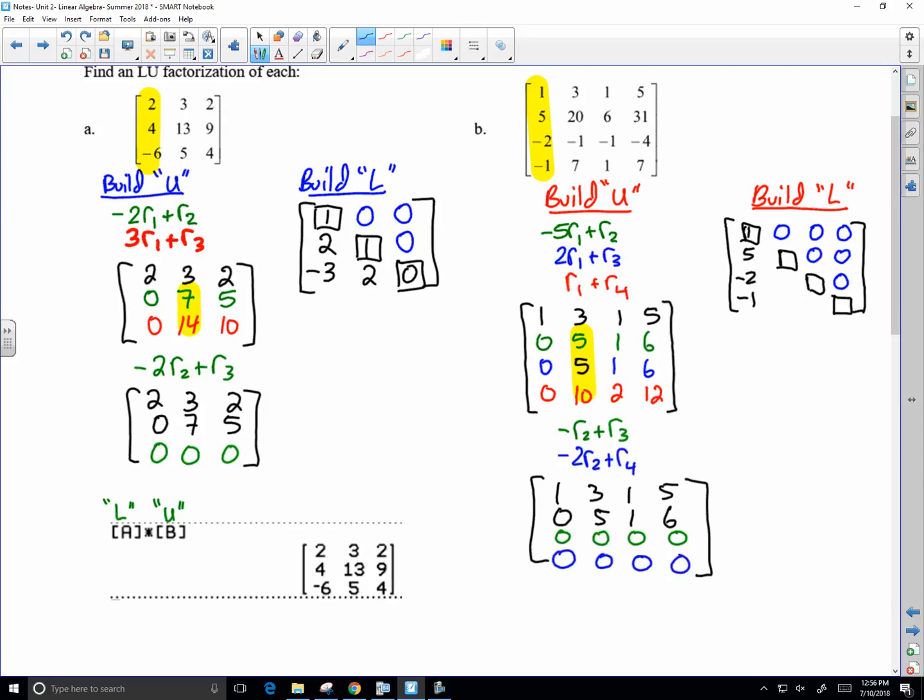In this case here, we're going to take each of the entries below the pivot and divide it by the pivot itself. So 10 divided by 5, 2; 5 divided by 5, 1; and then again. So 1, 1, 2, down the line. And then a whole lot of zeros to finish it up.